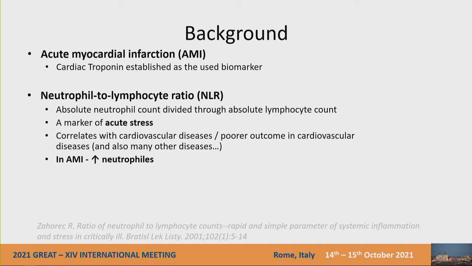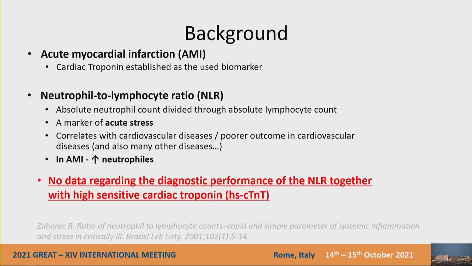And why neutrophils in acute myocardial infarction? It's known that atherosclerosis is based on an inflammatory process, so that is one thing that contributes to the increase of neutrophils in acute myocardial infarction, and also the necrotic process occurring in acute myocardial infarction can amplify the release of neutrophils and hereby increase their absolute count.